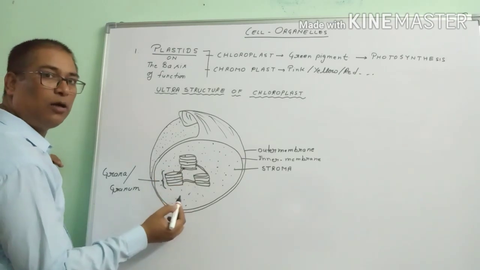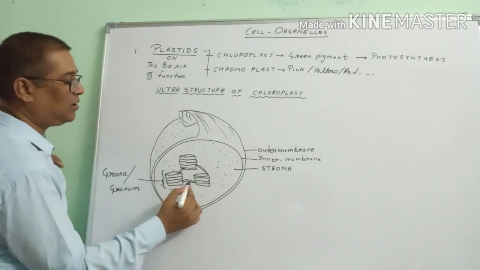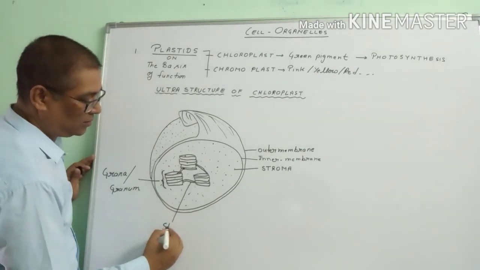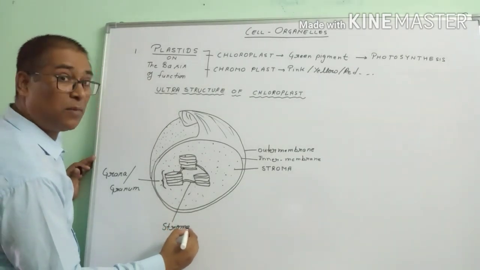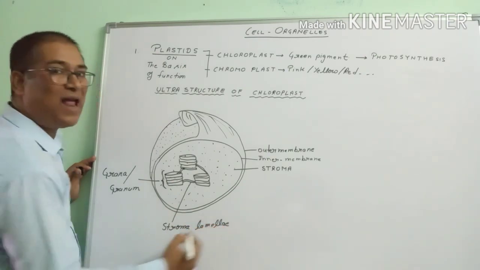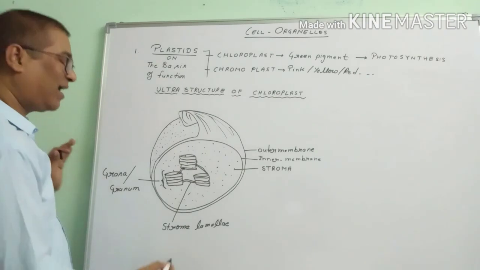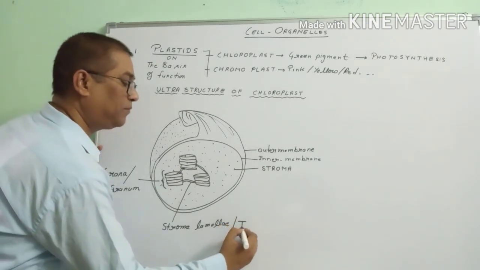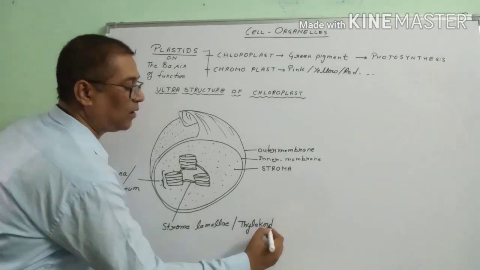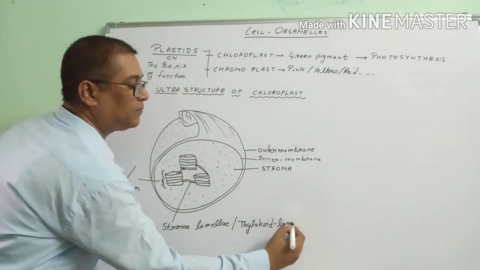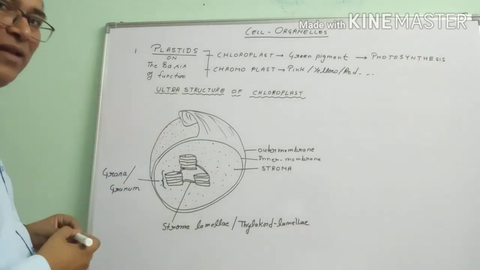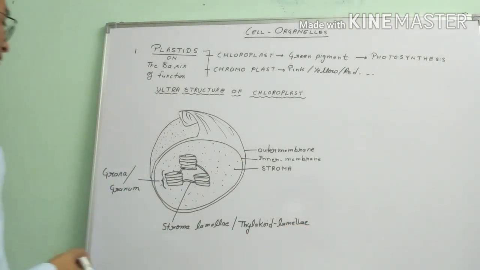Each grana attached with each other is called stroma lamellae, or the second name, thylakoid lamellae. Why thylakoid? I am going to explain.